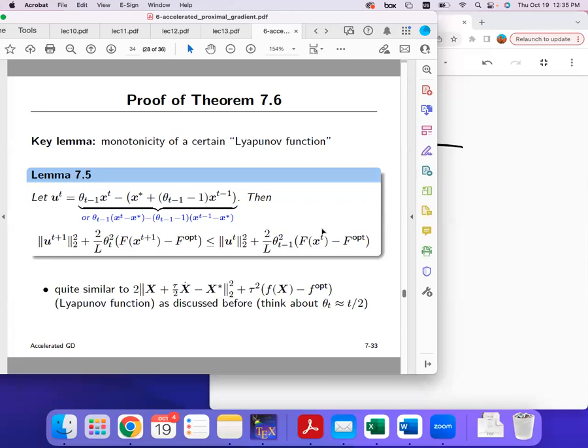But the overall structure is similar, because if you look at this inequality, you can understand the left-hand side as a Lyapunov function at time t. It is basically the squared L2 norm of this vector u_t, plus the function value difference.